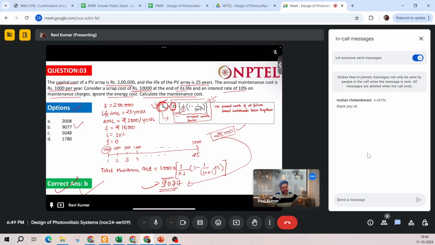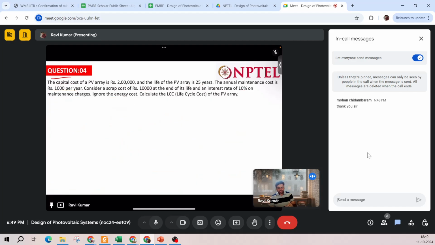Okay, so based on this particular question, everything is the same. PV array value 2 lakh, time is 25 years, maintenance cost is the same, scrap cost is the same, interest rate 10%. Now we need to calculate the LCC, the life cycle cost of the PV array, and these are the options.